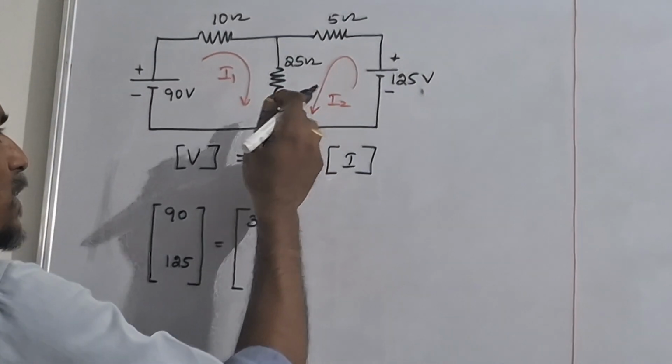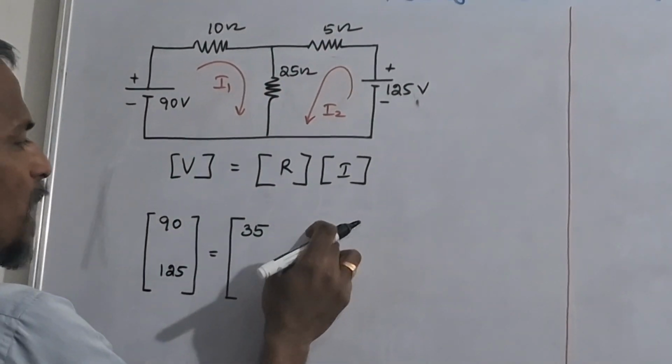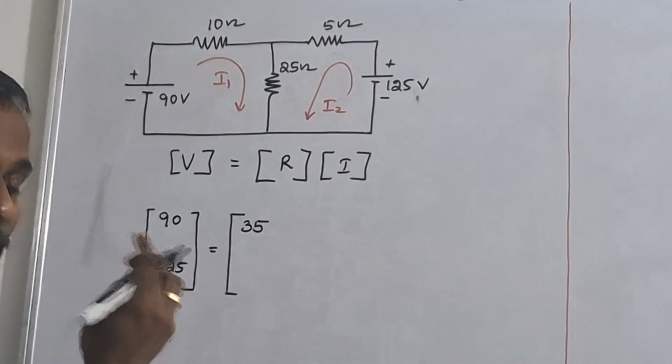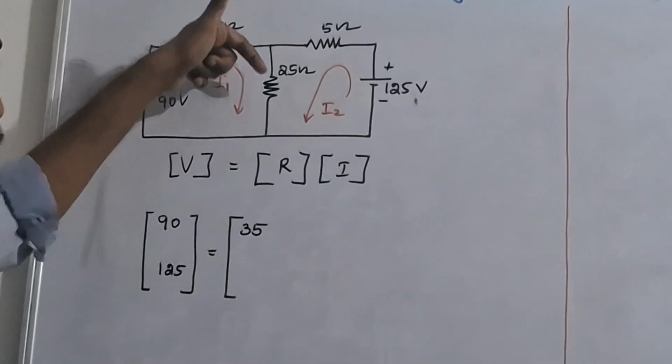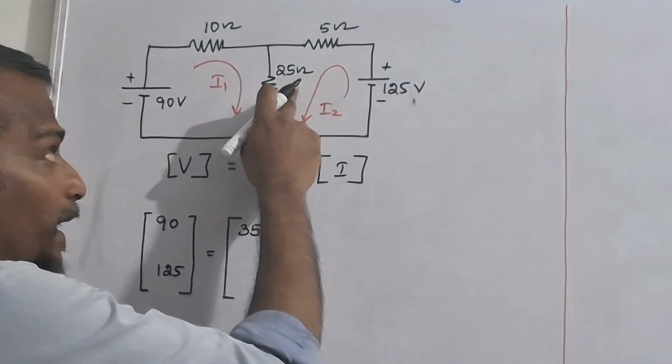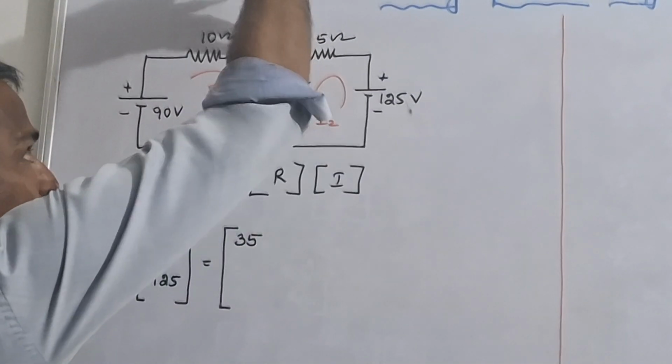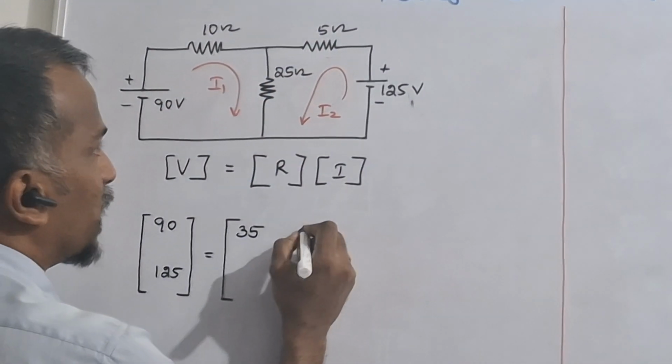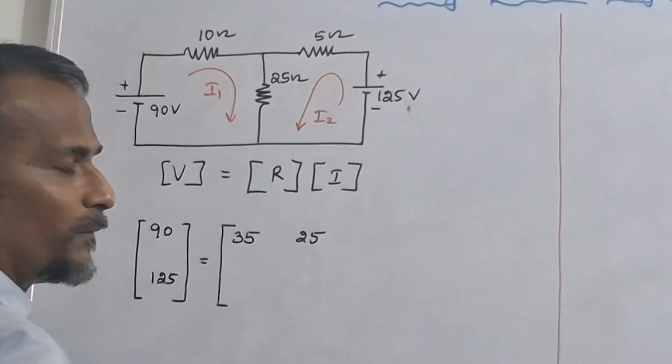Then R12 is nothing but the common resistance between the first loop and the second loop. The common resistance is 25. Both currents I1 and I2 are in the same direction, so we can write this also as positive 25.